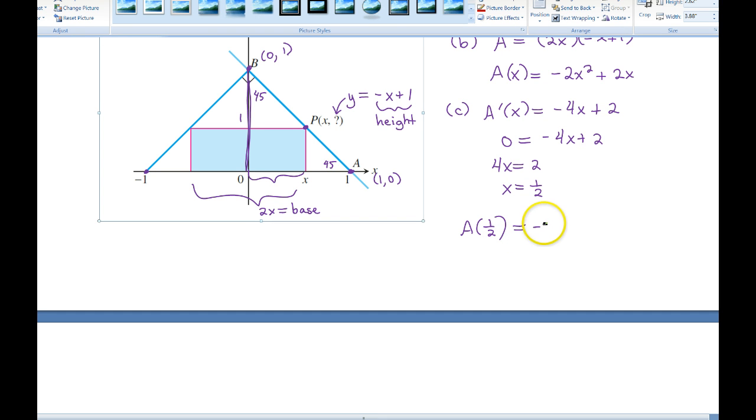Is that what we get? Because this is going to give us a fourth times negative 2. Yeah. And then the dimensions. Well, the base, if x is a half and the base is 2x, it's going to be 1 by 1/2. Because if you plug in a half, that's what you get there.